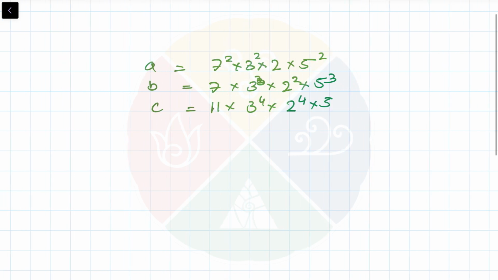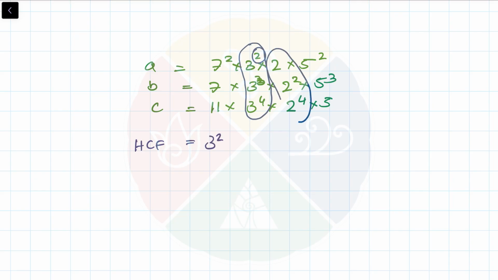If you want to find the HCF, it should be a number which is common in everything. For example, 3 is common and you have to take the lowest power, 3 squared. Similarly, 2 is common, the lowest power is 1. 5 is common, lowest power is 1. So that's HCF.